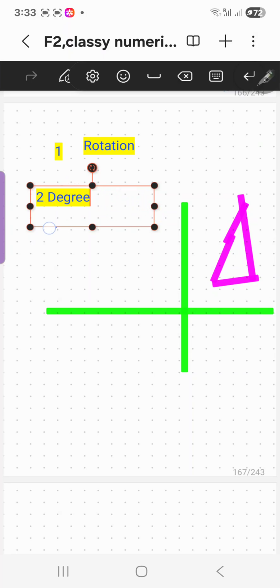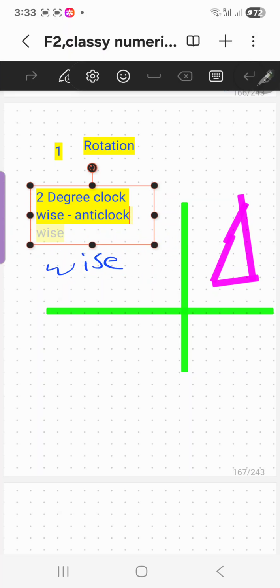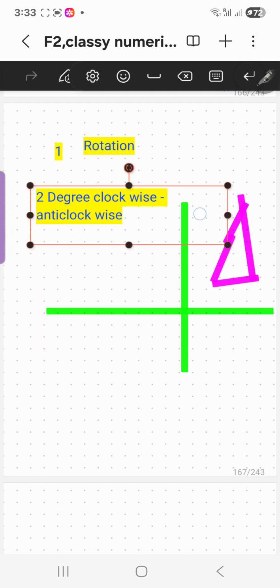And if it's clockwise or anti-clockwise, you have the second mark here.